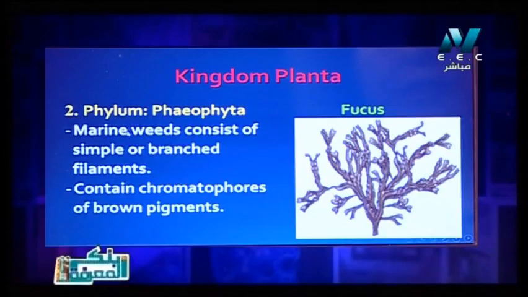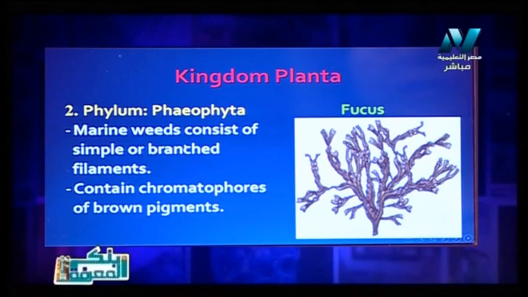The other phylum is called phylum Phaeophyta. The Phaeophyta includes the algae which also live in marine water and contain chlorophyll beside other pigments, that is brown pigments. They are marine weeds, consisting of simple or branched filaments.